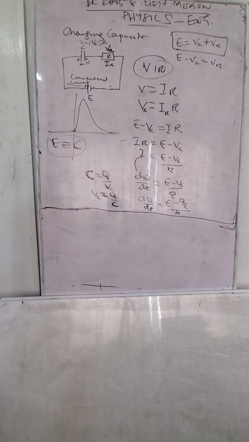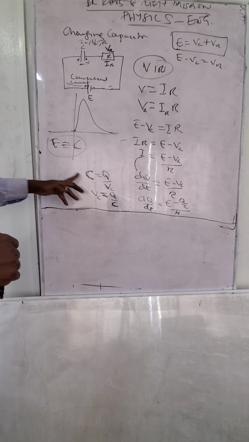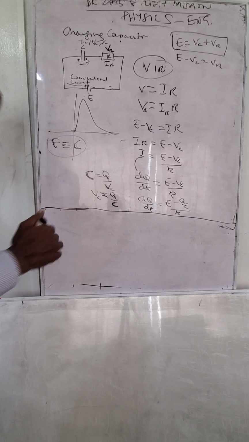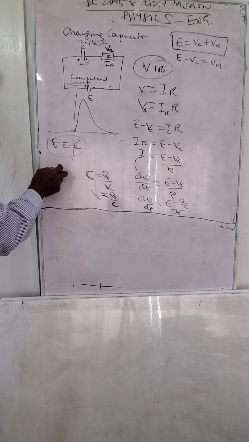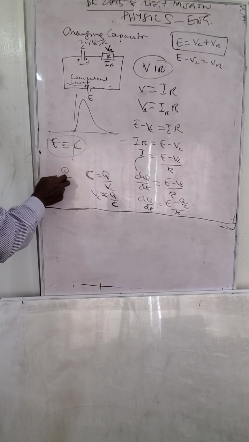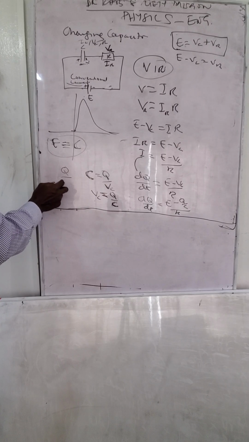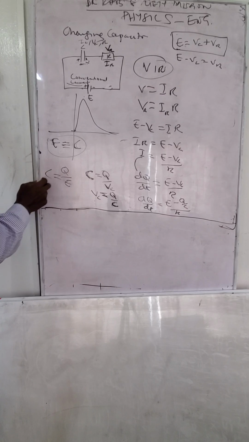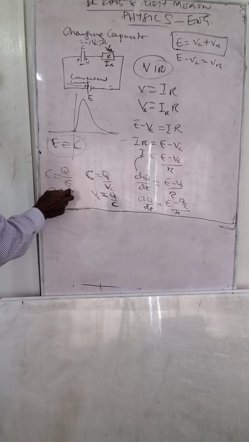Now let's see how that will come into the picture. The voltage here is that. So let's say in that case we will have what? Total charge at the point that the whole charge is stored, the voltage now on the capacitor becomes E, and this is the capacitance. So that Q is equal to what? CE.